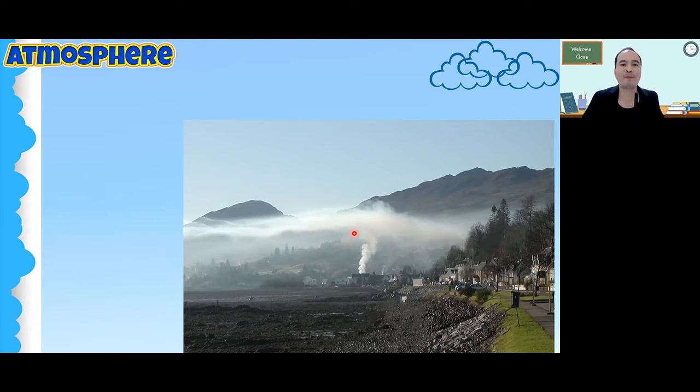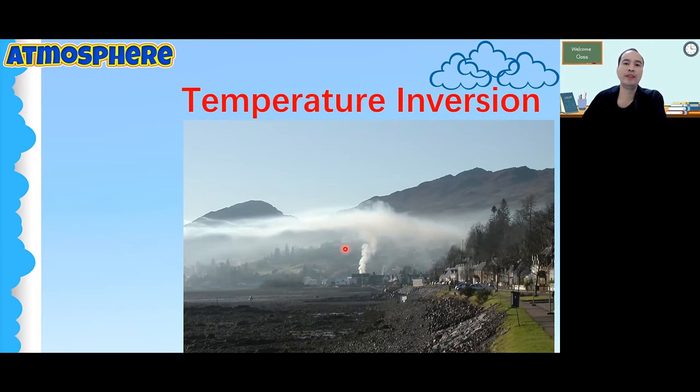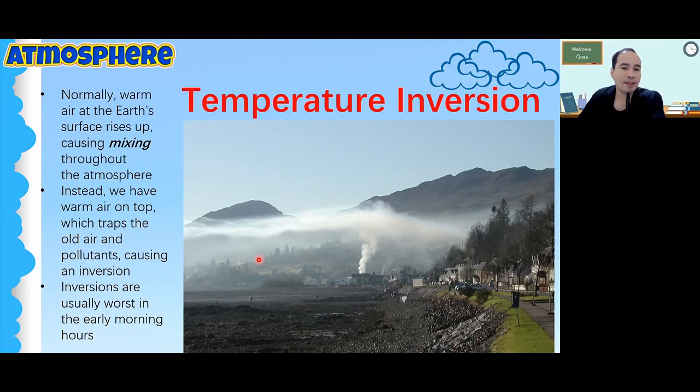Okay, so this kind of phenomenon is what we call temperature inversion. What will happen in a temperature inversion is that it normally happens in the morning, when the temperature around the area is still colder than in the afternoon, right?